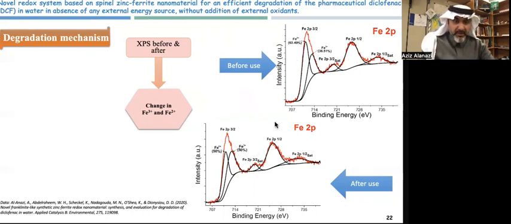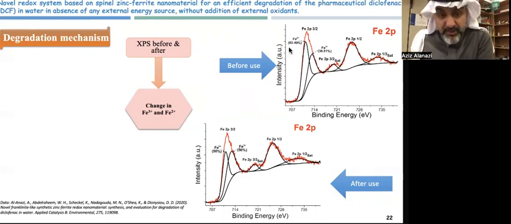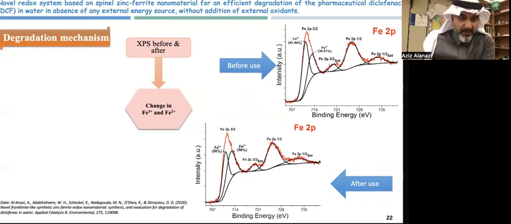However, after using the catalyst, the percentages of Fe2+ to Fe3+ changed to 50-50%, compared to 63.49 to 36. So we see the difference between before and after, confirming our suggested mechanism for the degradation.